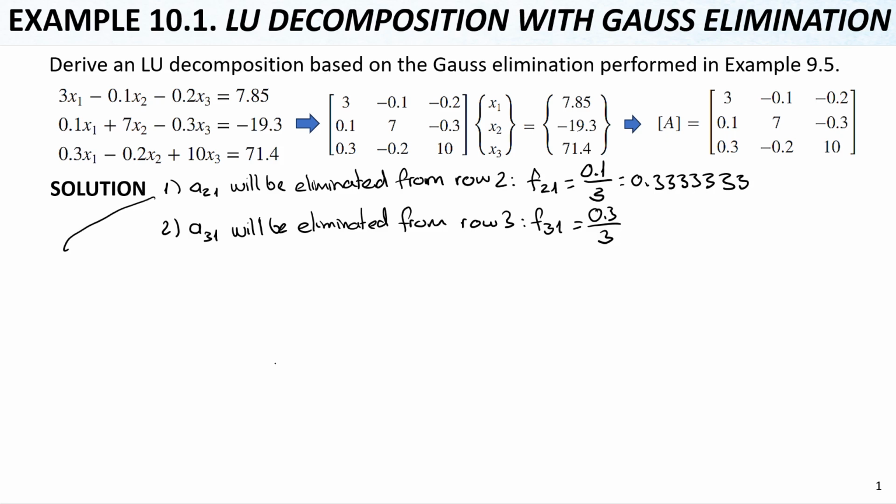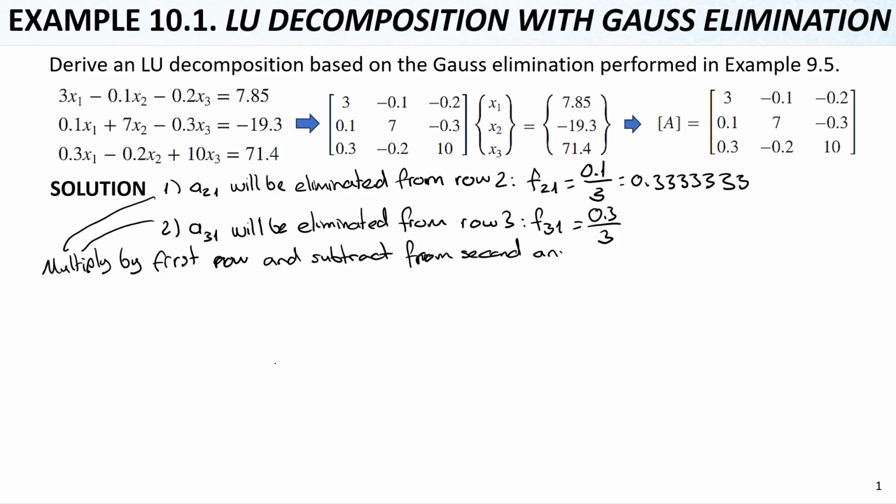If we do these operations, multiply by the first row and subtract from the second and third rows, then the A matrix will be, we can write maybe here, the first will be the same, but the second will be 0 here.